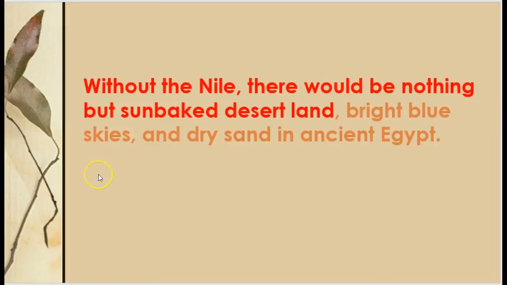Okay, so we talked a little bit about this before. If they didn't have the Nile, there would be nothing but sun-baked desert land, bright blue skies, and the dry sand of ancient Egypt. The Nile is what made them able to survive. That water made it so that the crops would grow. They wouldn't just get baked in the sun.